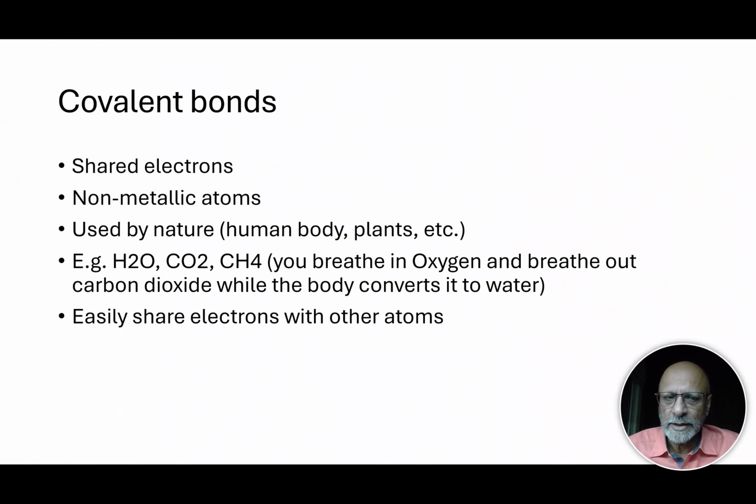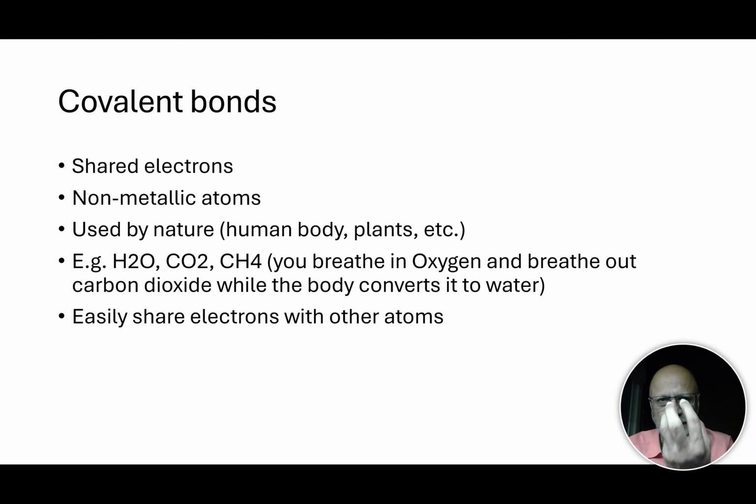Now, in covalent bonds, you have shared electrons, and it's always between non-metallic atoms. So used by nature, human body, plants, methane gas. So, for example, observe water, carbon dioxide, and CH4.